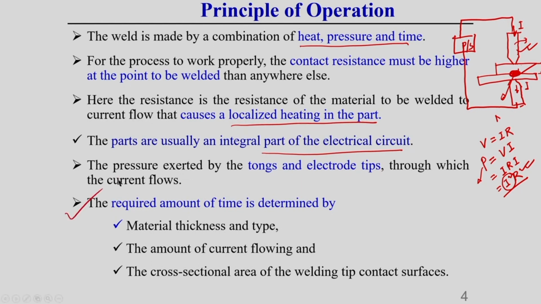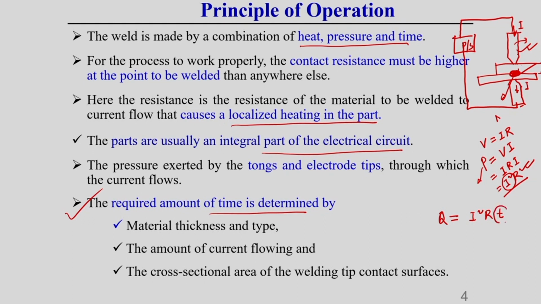Another thing to keep in mind is that the required amount of time is very important in this welding process, because once the power is converted to heat, this heat energy we can write as I square R into the time for which current flows through this resistance region, correct.